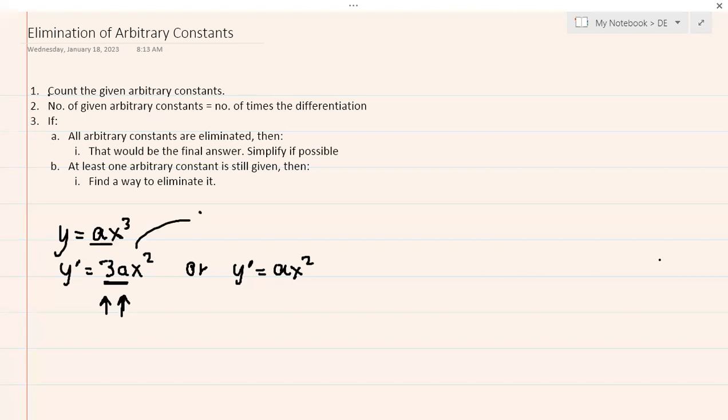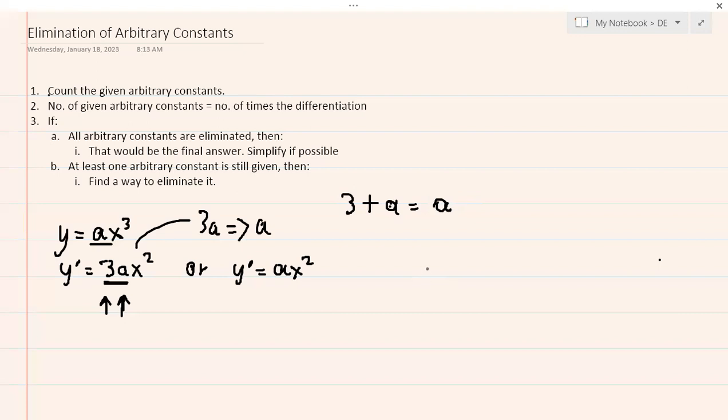So, di ba, we have 3A. Why not A na lang? Gets mo? Imbes na 3 plus A, gawin mo na lang siyang A. Okay? If you're going to combine them together, A na lang ang sagot.